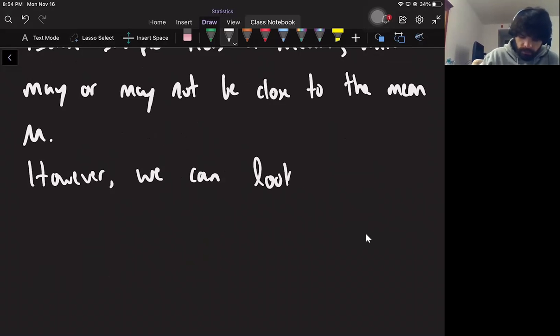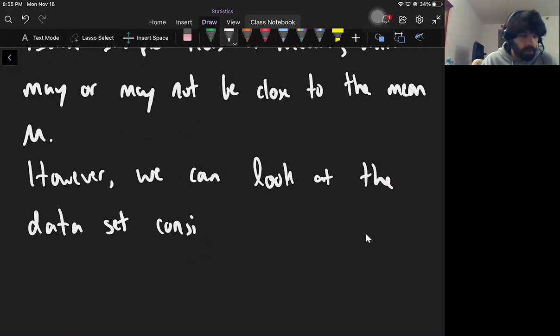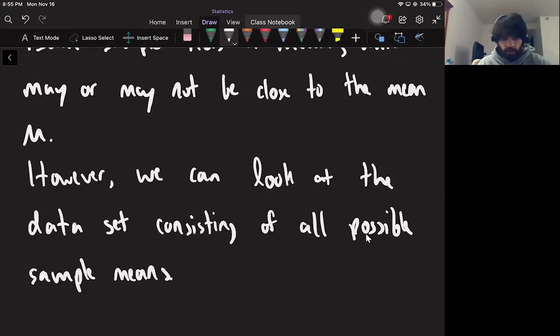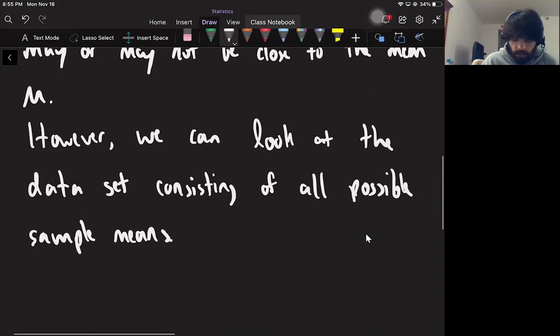we can look at this interesting data set, which is going to consist of all possible sample means. So for every possible sample you could get from the population, each of those has a mean. So this data set has all of those means as its numbers.